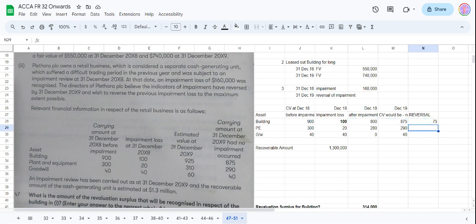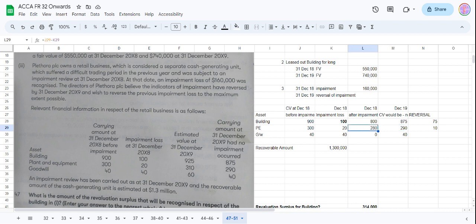In this case also, we can reverse only 10. Although we had an original impairment of 20, after impairment the value is 280. If there was no impairment, this would have been 290 on this date. So we can just keep it till 290 only, so only 10 will be allowed.